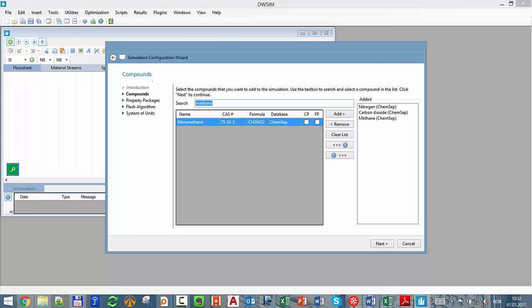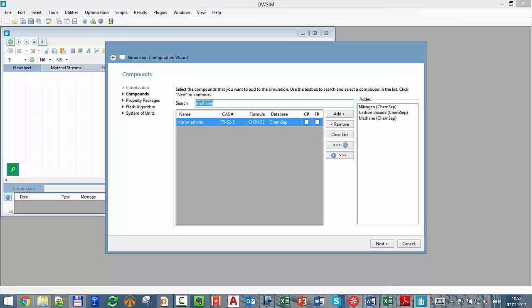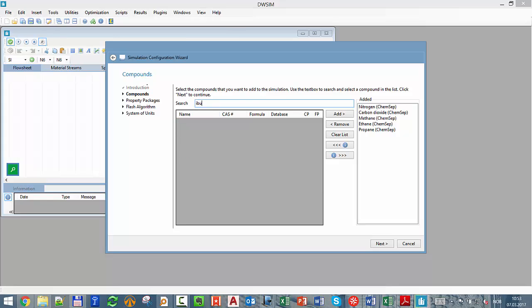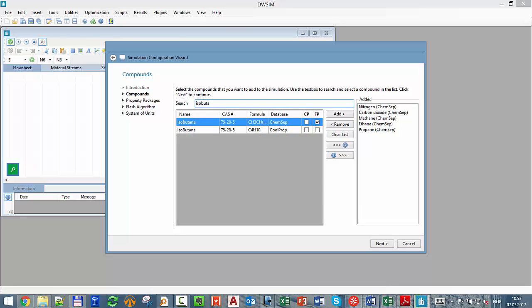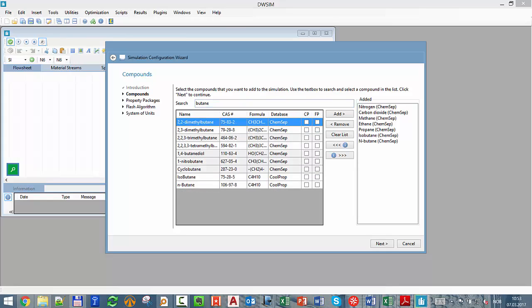Next one, I think that's on the website. Ethane, propane, butane. And we have isobutane, and also N-butane.